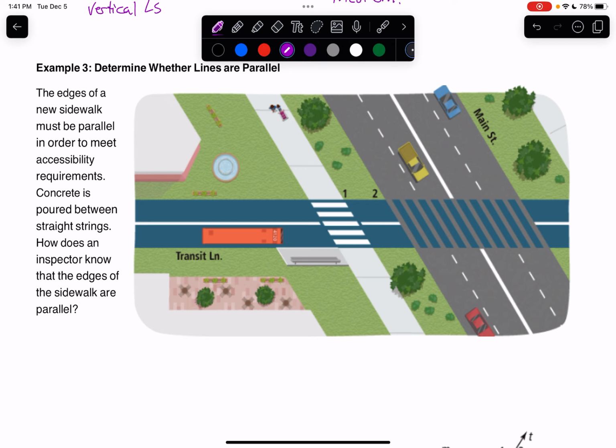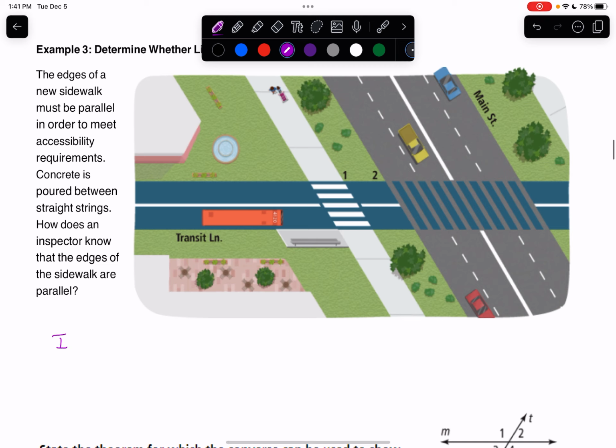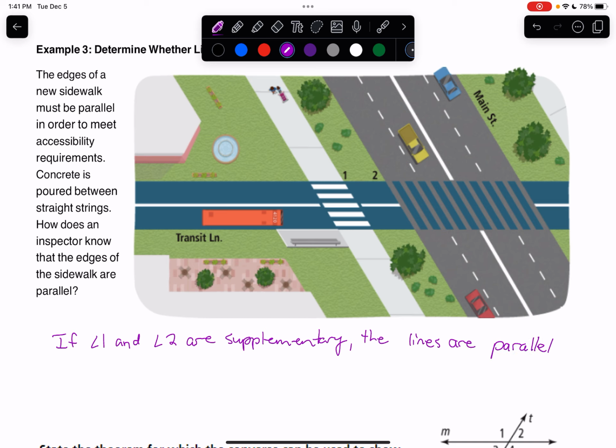We'll say if angle 1 and angle 2 are supplementary, then the lines are parallel. And remember, we said why.